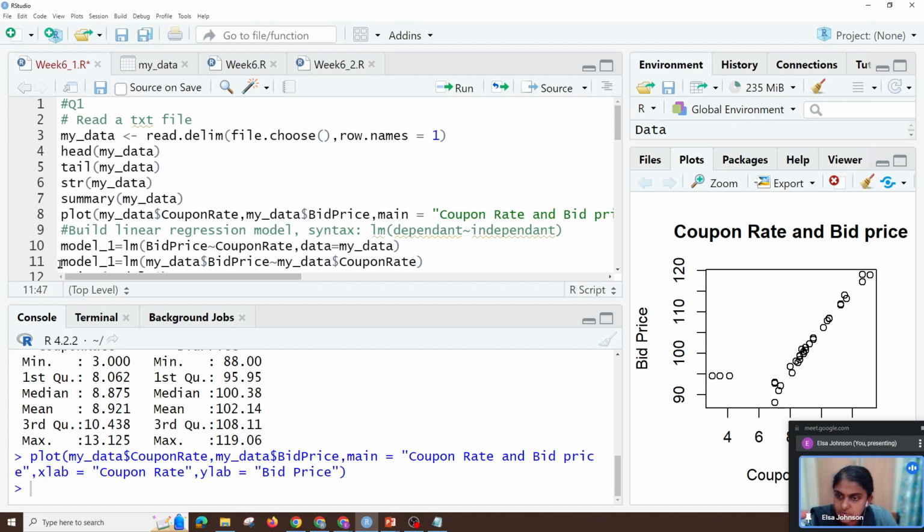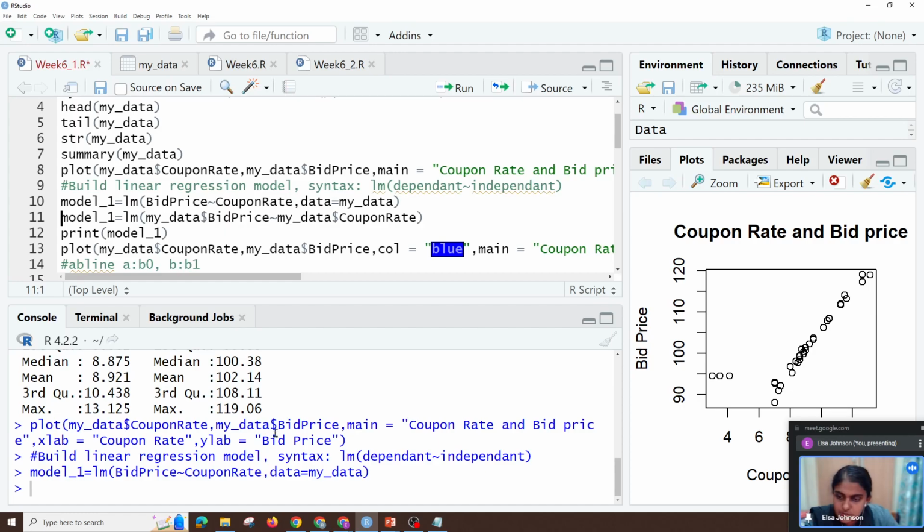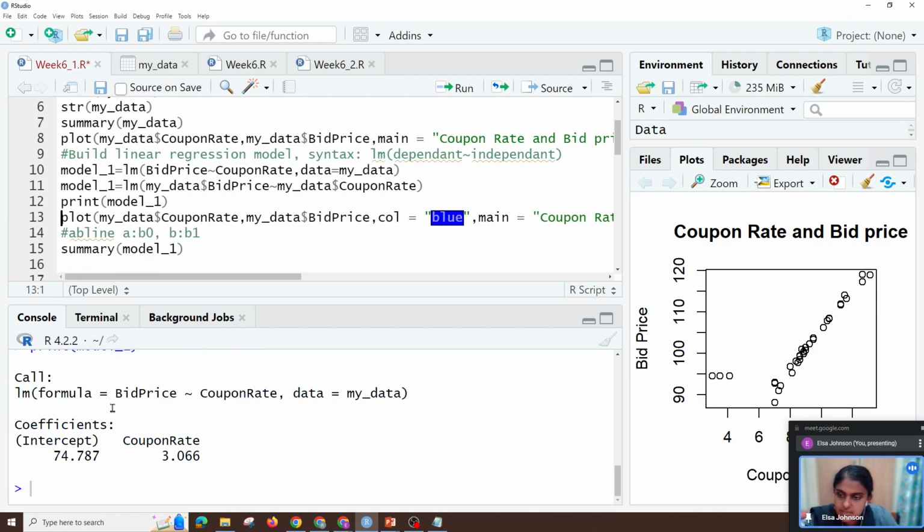These are the two ways you can do it. If I run this, you will get the model built.